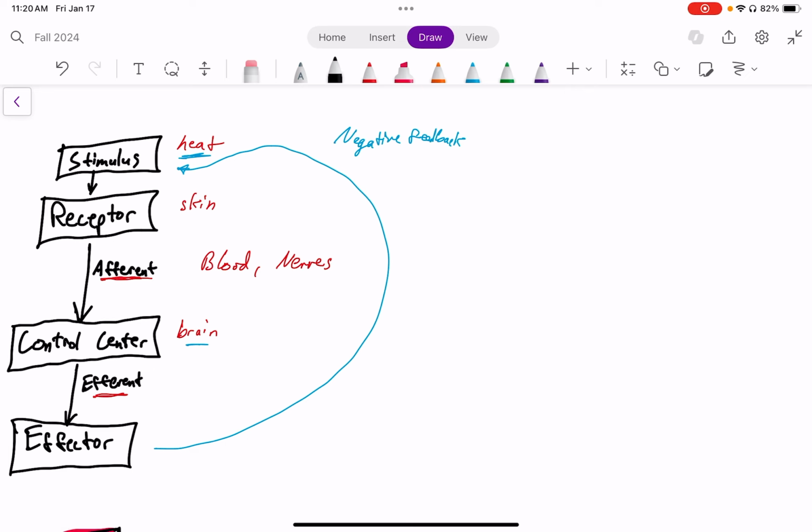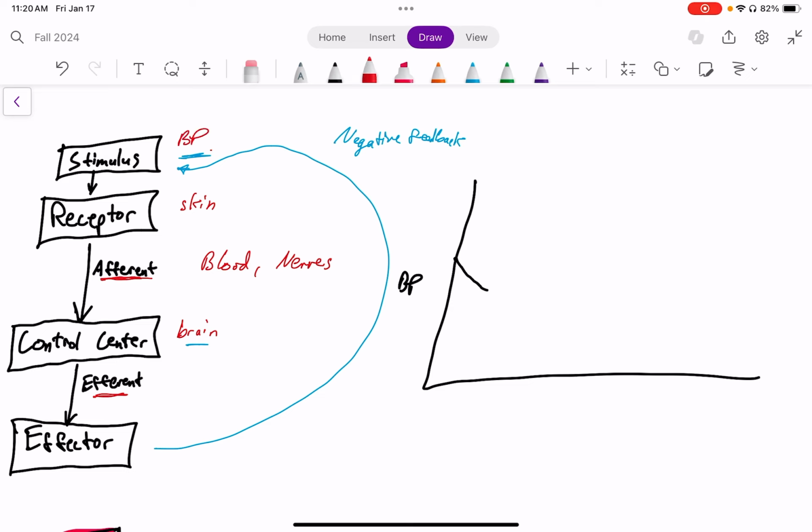Another example would be blood pressure, where if for some reason you decrease in blood volume, maybe you didn't drink enough water in a certain day, your blood pressure may start to decrease as well. And the body needs to keep the blood pressure in a specific range. So that stimulus gets detected by sensors in your blood vessels.